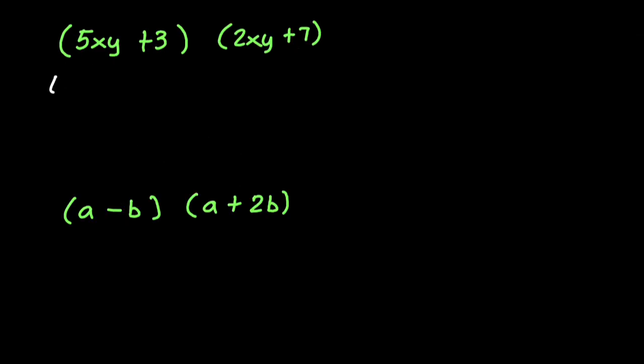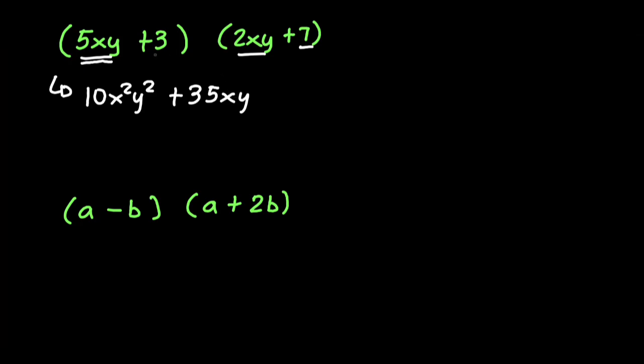5xy plus 3 multiplied by 2xy plus 7. So first you gotta multiply 5xy by 2xy. So it will be 10x squared y squared. And now multiply 5xy by 7. So 5 times 7 would be 35xy.